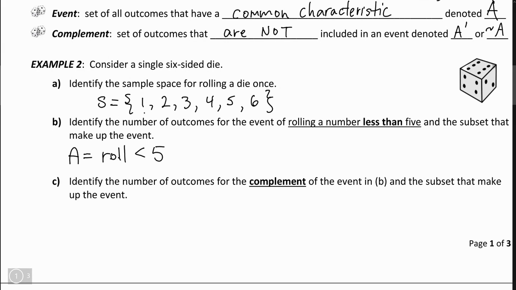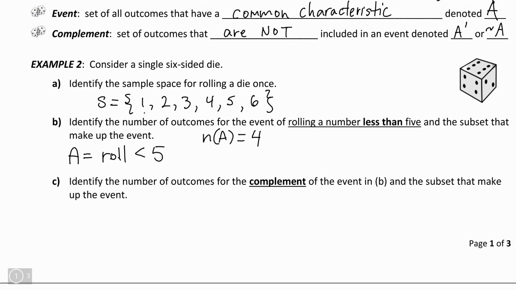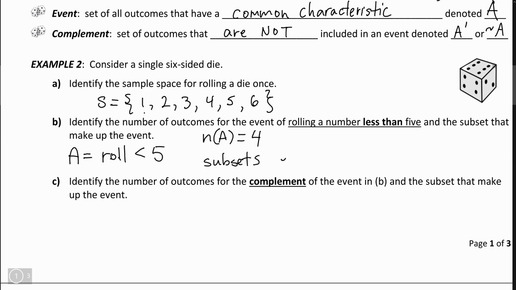You're not including 5 because it's not less than or equal to, it's only less than. So it's only 4 possible outcomes. So n of A, the number of outcomes for our event, is 4. The subset that shows that event is 1, 2, 3, 4.